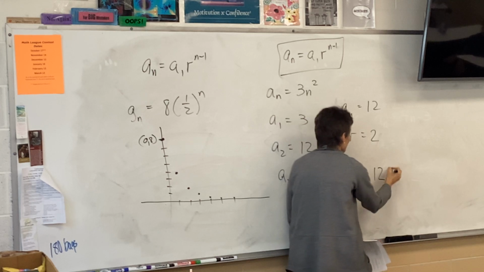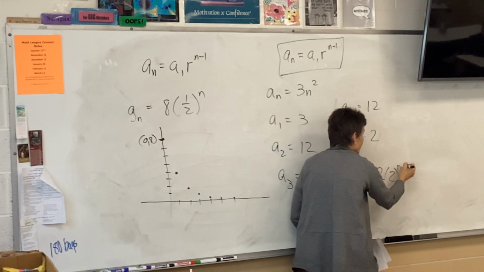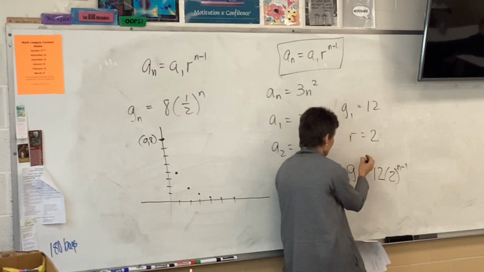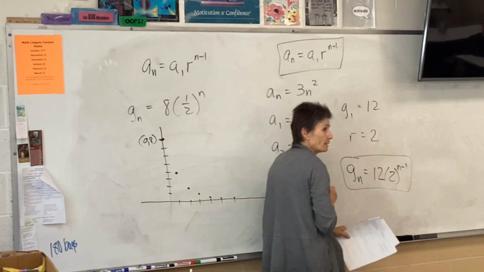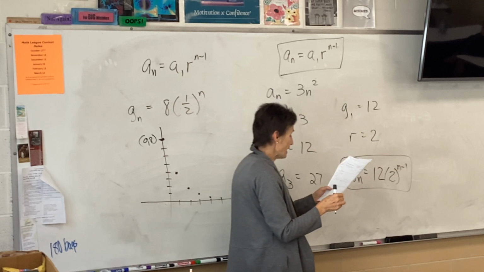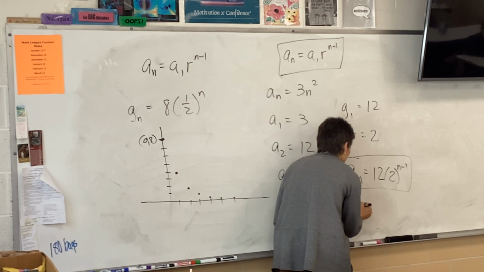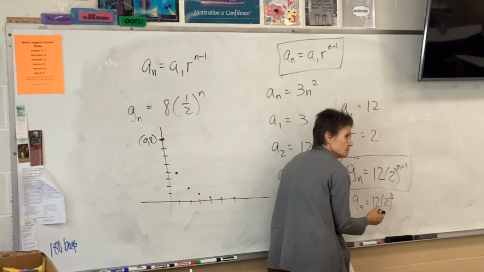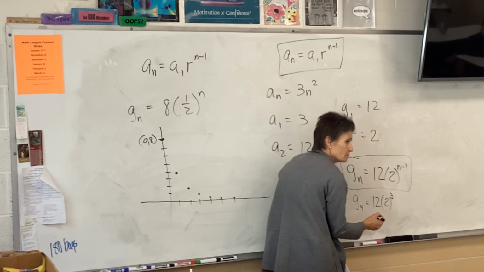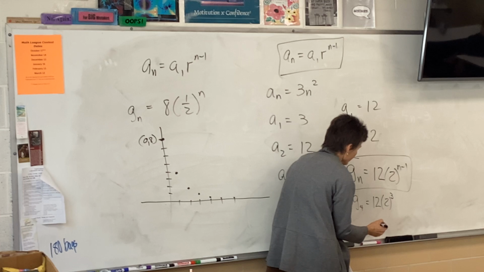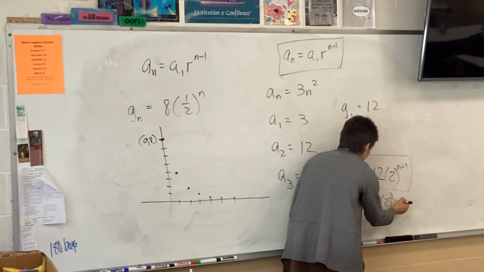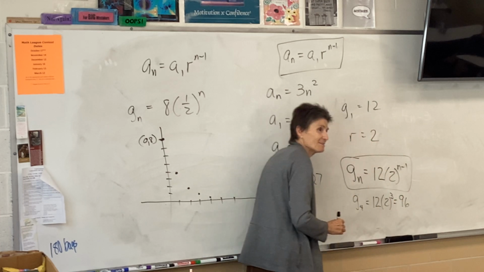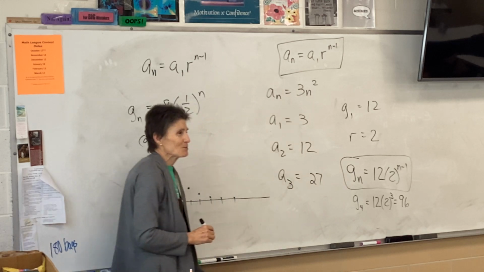So 12 times 2 to the n minus 1. There you go. There's your formula. That was easy. And then what's G sub 4? Well, 12 times 2 cubed. 96, I think I'll go with 96. Third time's the charm.